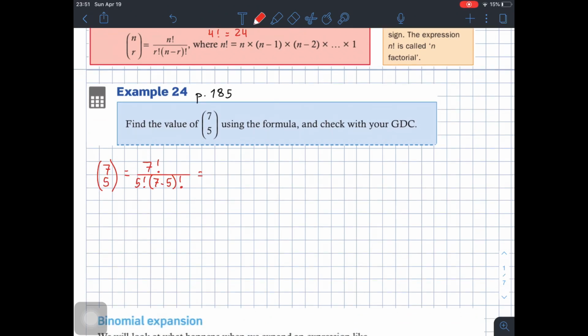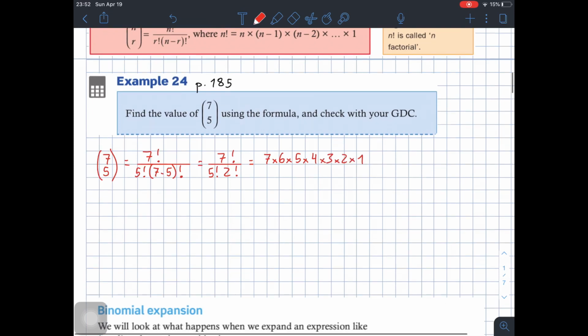7 factorial is the same as saying 7 times, well, before doing that, it'll be easier if I first organize this. This is 7 factorial over 5 factorial times 2 factorial, right? 7 minus 5 is 2. So now, 7 factorial is 7 times 6 times 5 times 4 times 3 times 2 times 1.